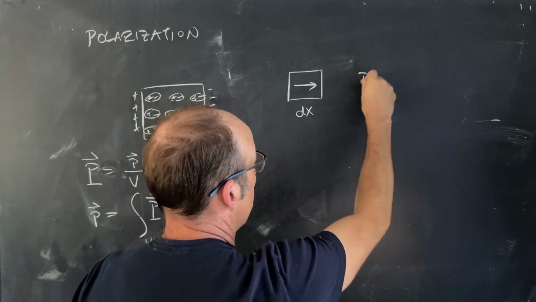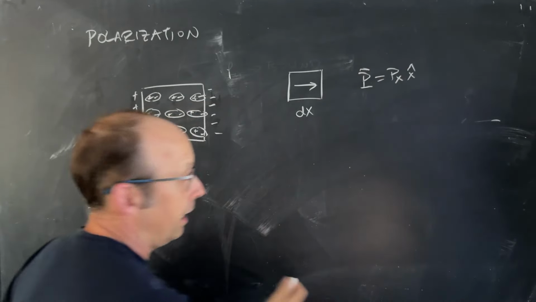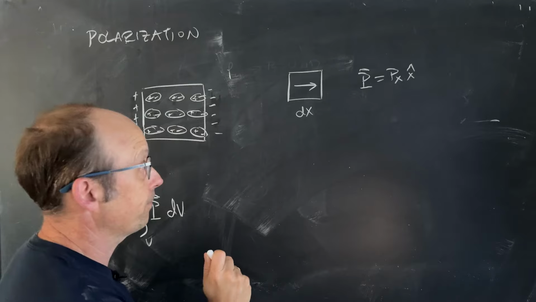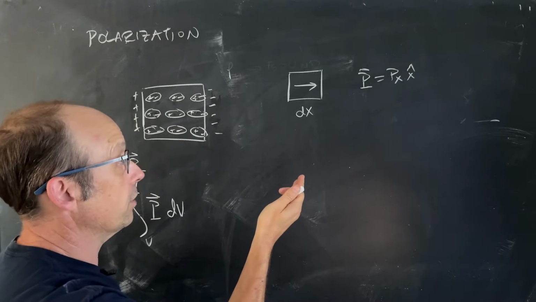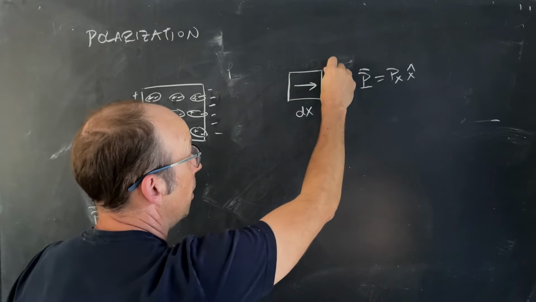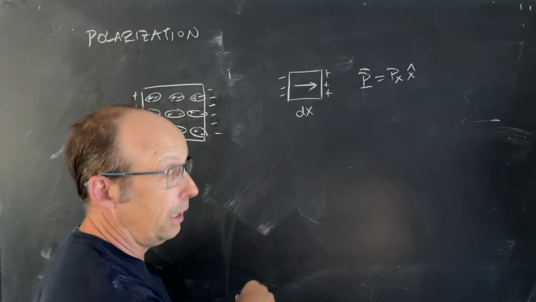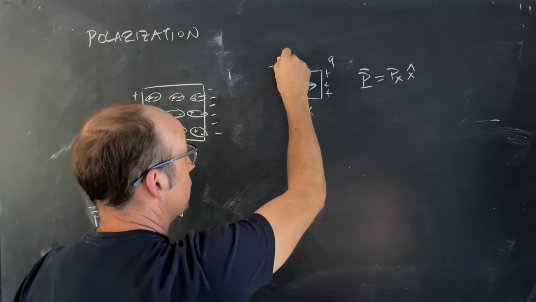So I'm going to say the polarization is P_x x hat, and it doesn't have any y or z components. That polarization vector means that this is polarized, and I'm going to end up with positives on this side and minuses on that side. And that's going to be some charge q, and that's some charge minus q.